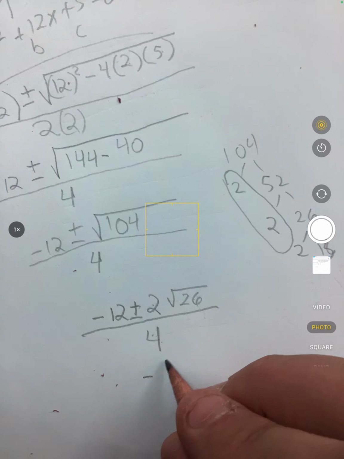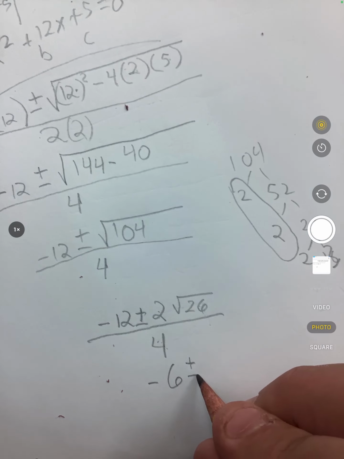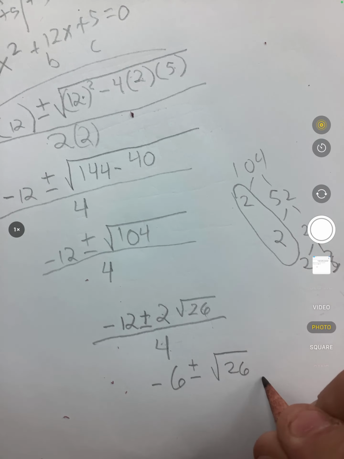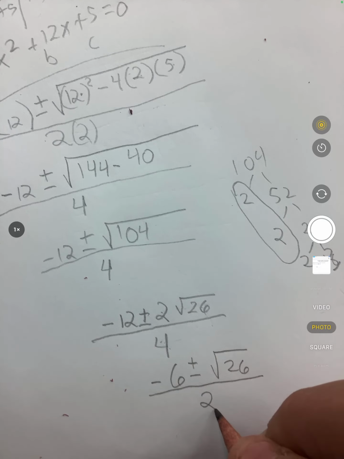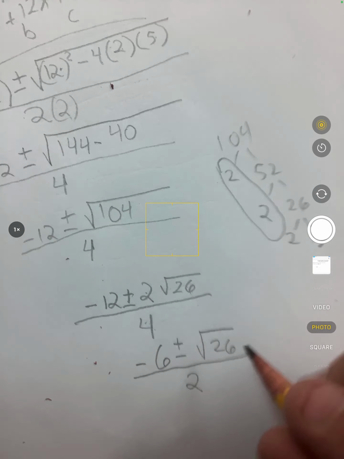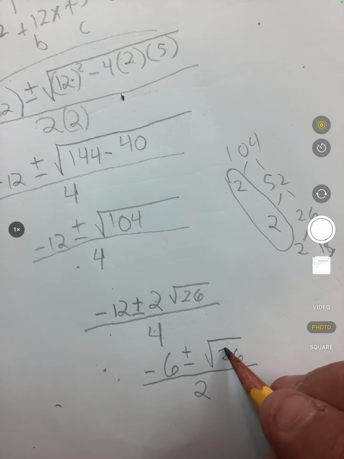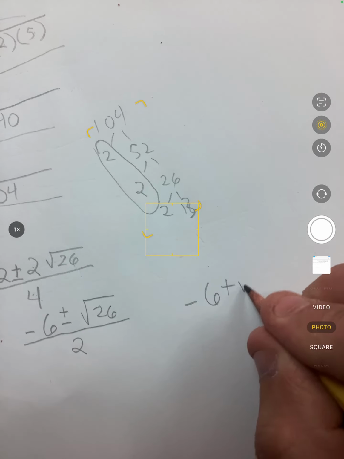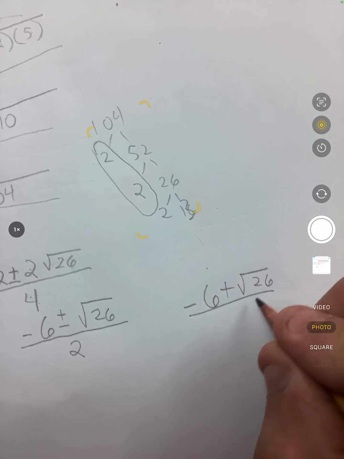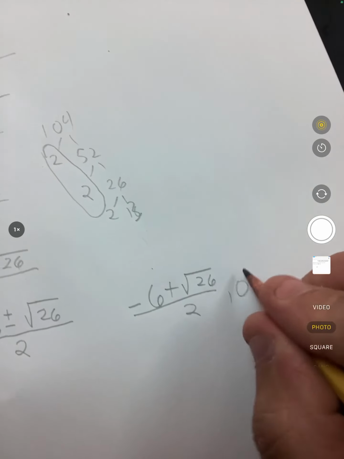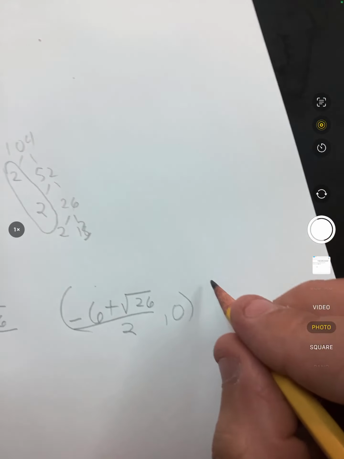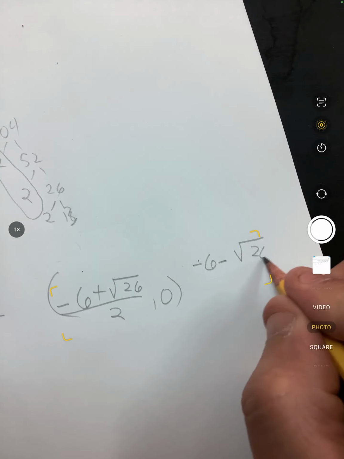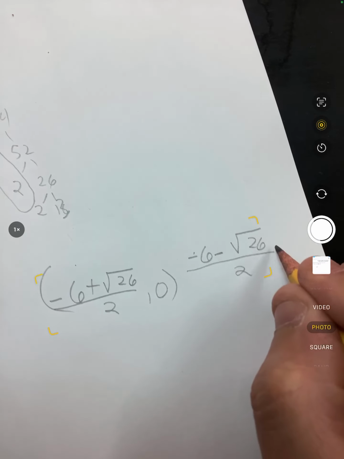I have negative 6 plus or minus the square root of 26 divided by 2. This can't simplify out, so I get negative 6 plus the square root of 26 divided by 2, and negative 6 minus the square root of 26 divided by 2.